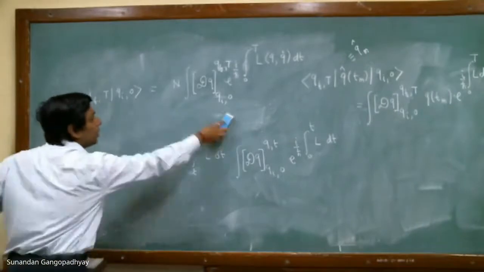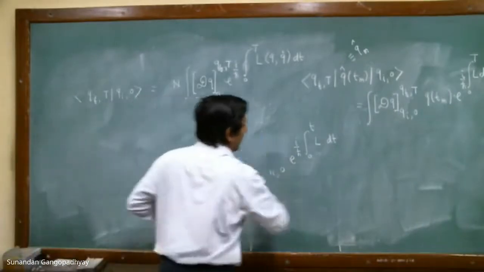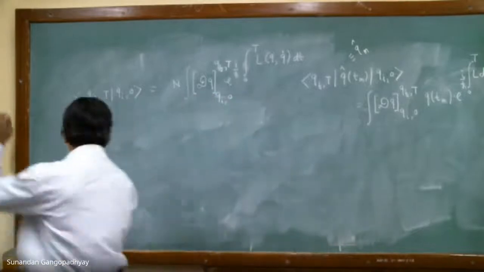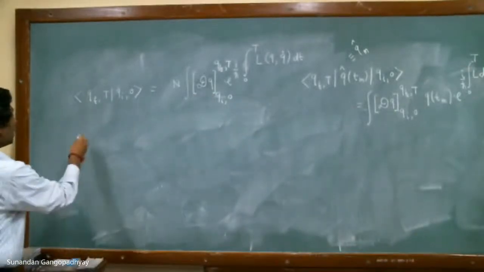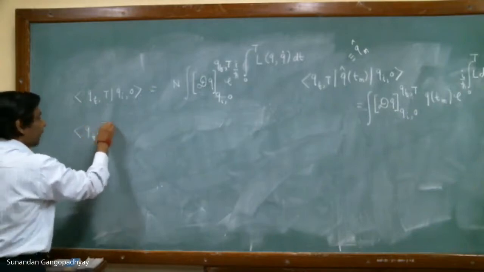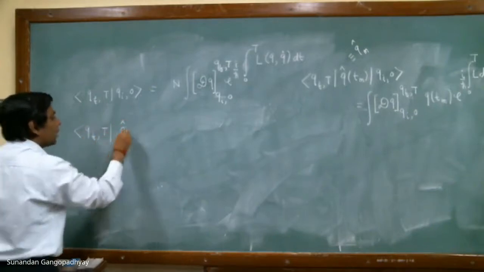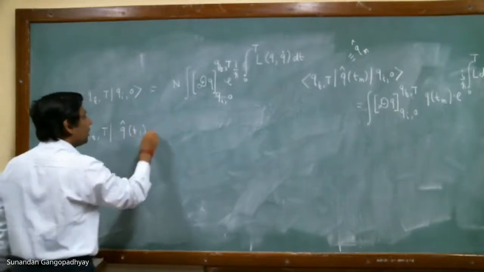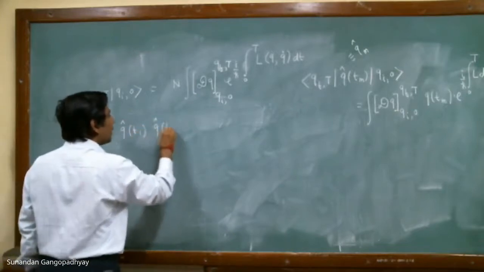So this is about putting one operator. Now let us put two operators. Let us put q hat t1, q hat t2.